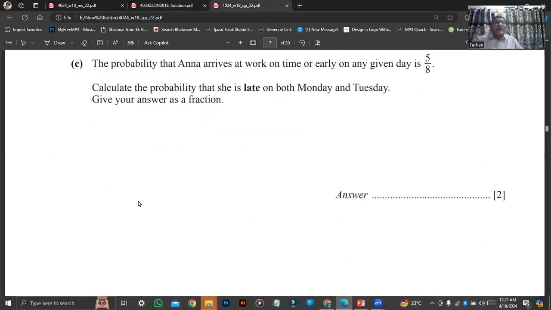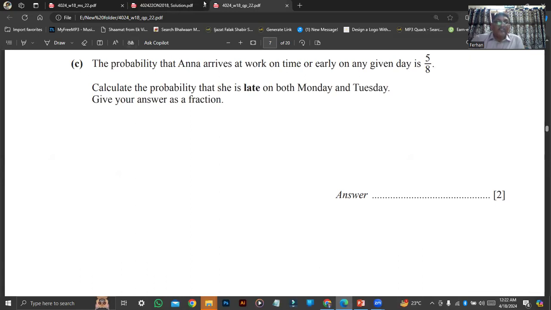So question number 4 and its C part. The probability that Anna arrives at work on time or early on any given day is 5/8. Calculate the probability that she is late on both Monday and Tuesday. So if arriving on time is 5/8, out of 8, 5 is the chance that she will be on time, and if she will be late, that will be 3/8.